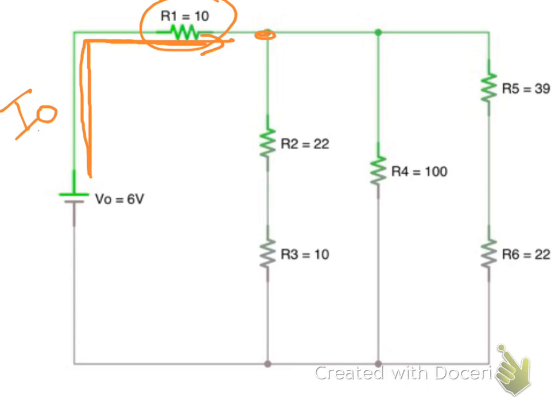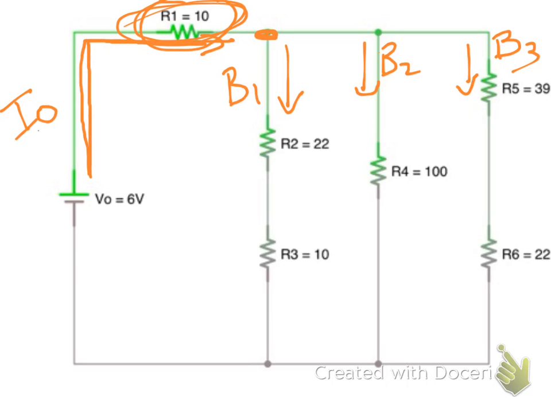And then once it gets to this point, it's going to divide off into 3 branches. Again, I'm going to call these branch 1, branch 2, and branch 3. So we're going to have X amount of current coming through resistor 1.